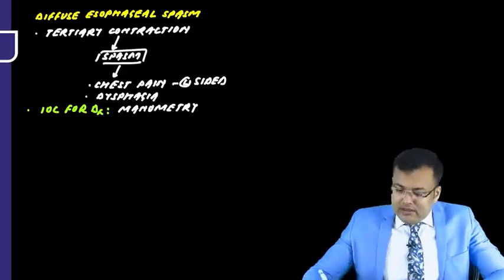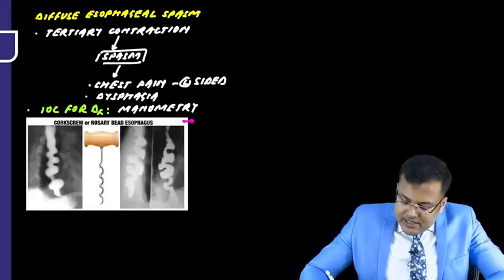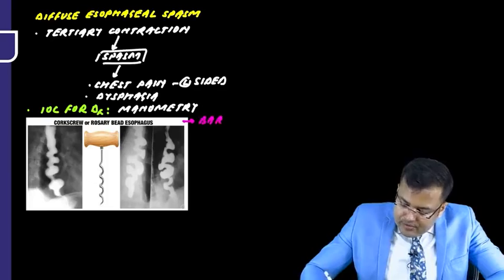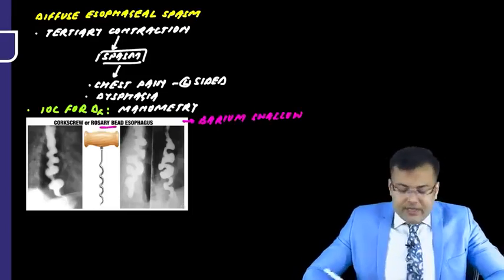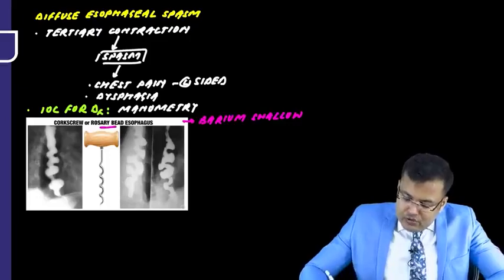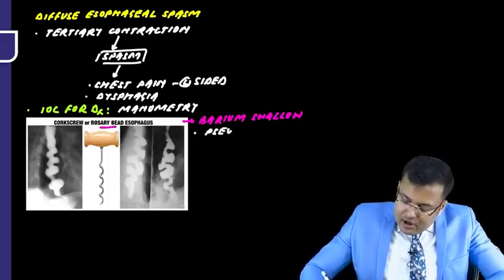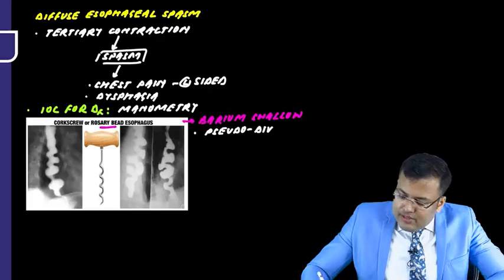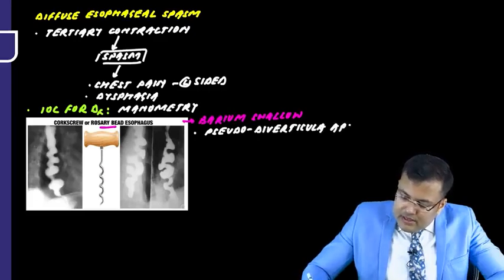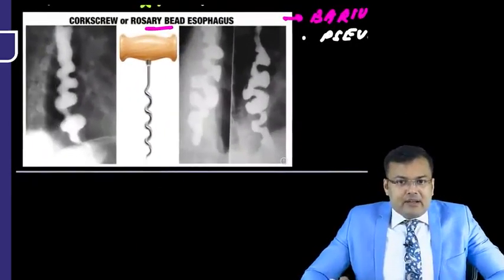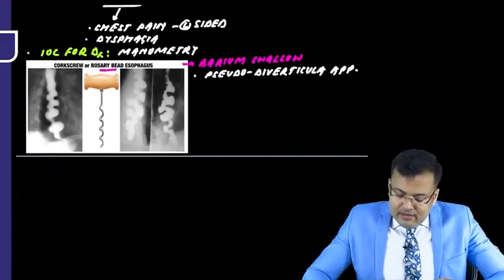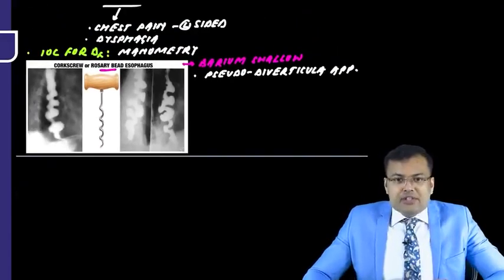In the image you can see on barium swallow there is a corkscrew appearance, also known as rosary bead appearance, also known as pseudodiverticular appearance. These are the characteristic appearances asked in exams, almost every year in the form of an image based question.